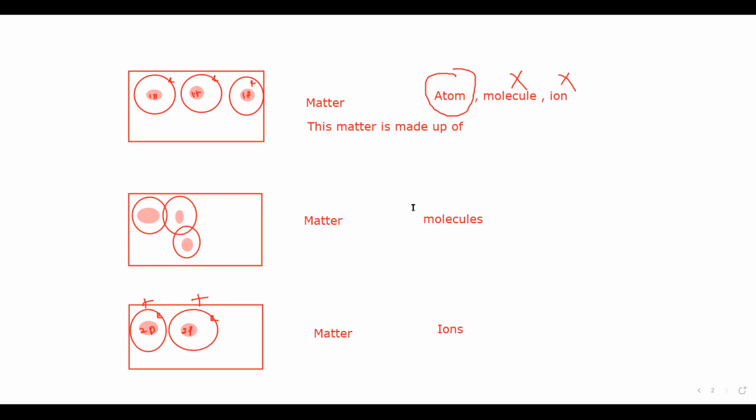So a matter can be made up of atoms, molecules, or ions. Is it clear? Any doubt? Any question about the concept of atoms, molecules, and ions?